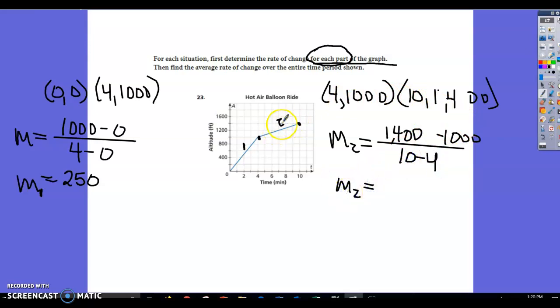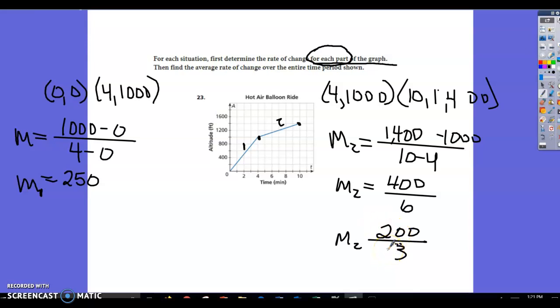So the slope of the second part of the line, 1,400 minus 1,000 is 400 divided by 6. 400 divided by 6 is 66.6. Can we write that as a fraction? We can reduce that to 200 over 3. Read my calculator wrong. All right, so 200 over 3. So it's rise over run.